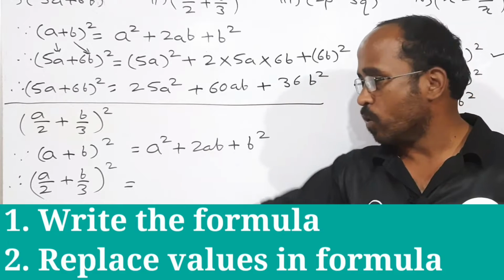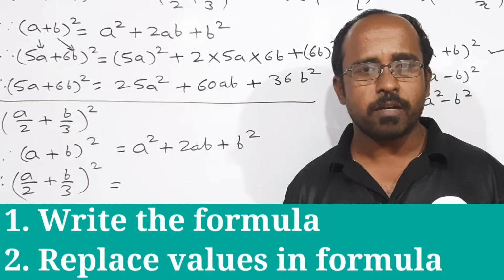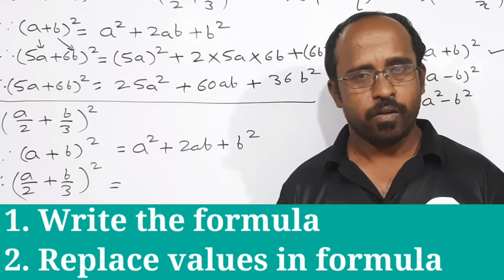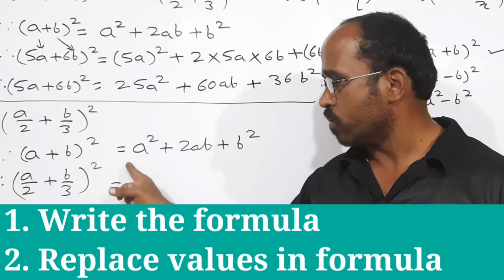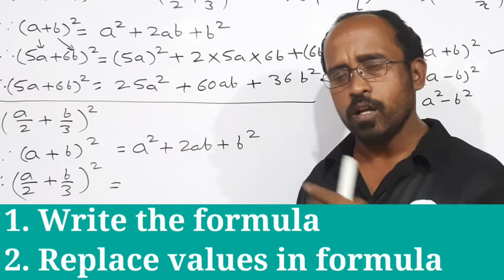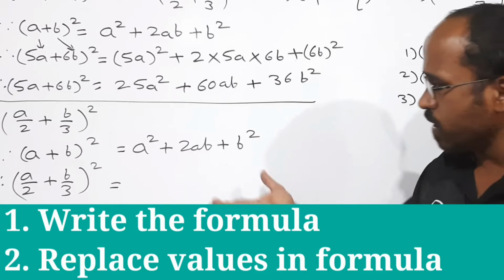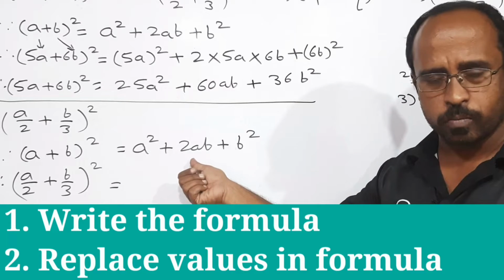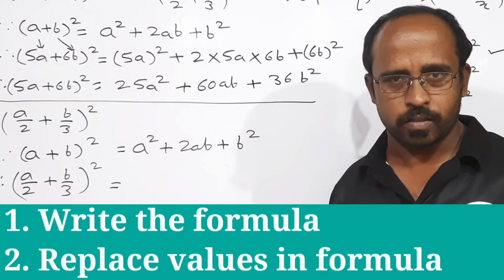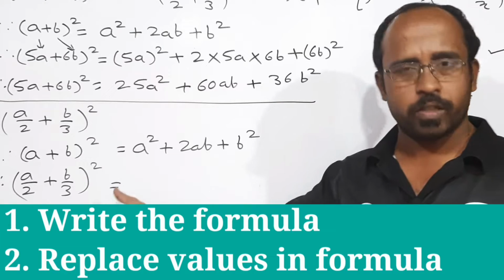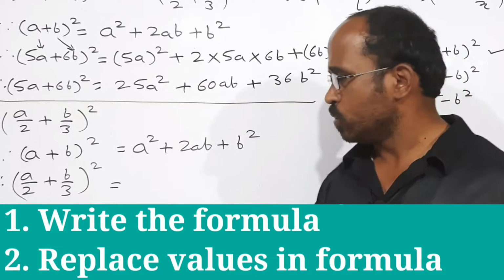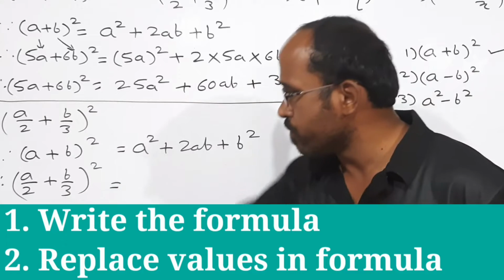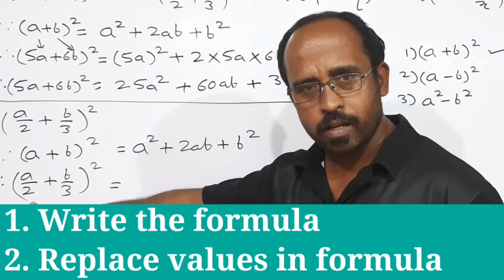It doesn't matter how the numbers are changing. Numbers are in fractions, let it be. We don't care, because our rule is we have to replace in the formula. So let's replace the fractions. What is there? Square of the fraction, multiplication of the fractions, square of the fraction. Are we unable to do it? Naturally no. So let's do it. a square means the first term will be replaced by a/2.